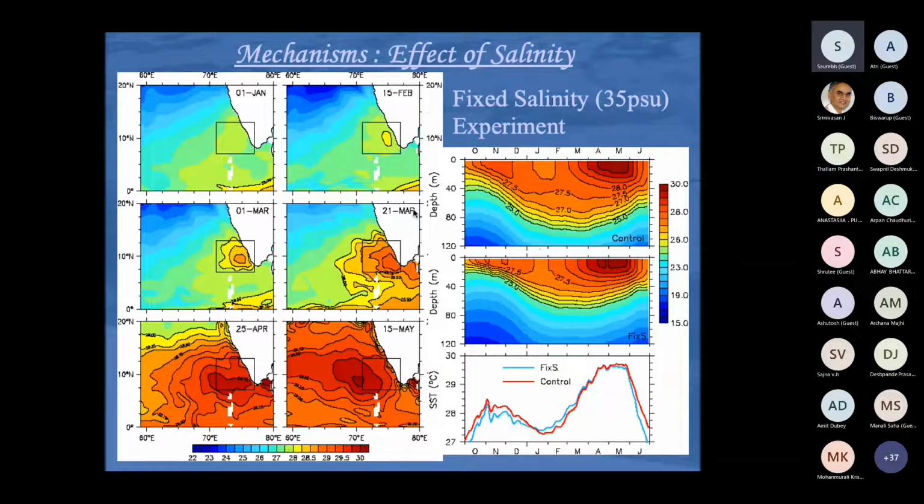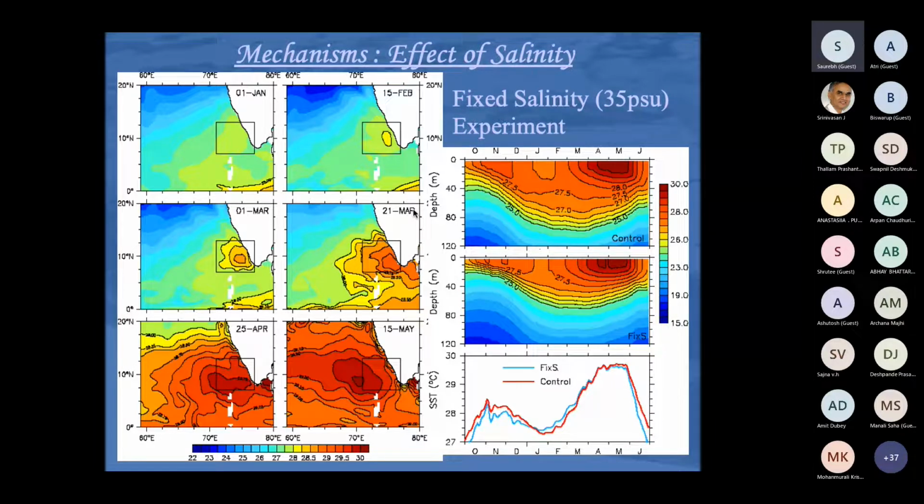That means it is held at a fixed value of 35 PSU everywhere in the model domain. The rain or river runoff doesn't dilute the water anymore. So if the hypothesis is correct, the hypothesis that the warm pool forms because of the low salinity water, then we should not have the warm pool when the salinity is fixed, right?